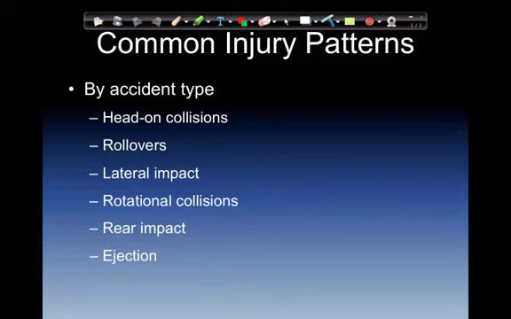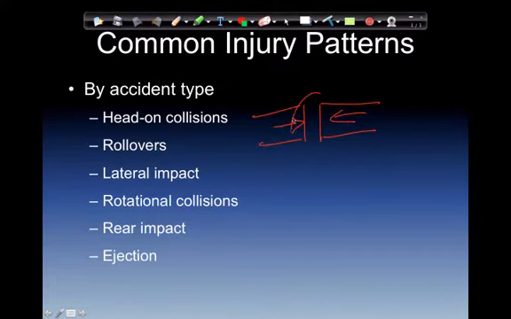Common injury patterns. Head-on collisions. Most of them are offset: one's going this way, one's going this way. High energy whenever they strike. Rollovers: we don't exactly know where all they've hit, because every time the car rolled over and pointed at impact at various locations, the patient, if they were flying around the inside of that, impacted at that point.